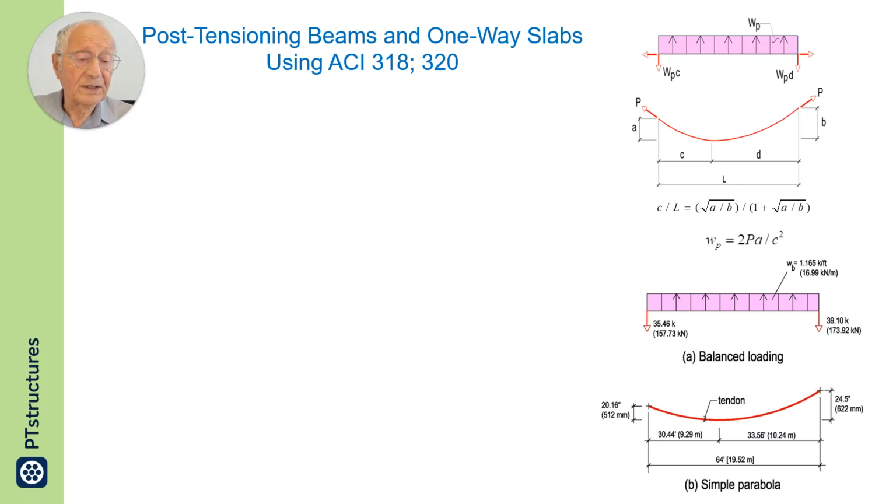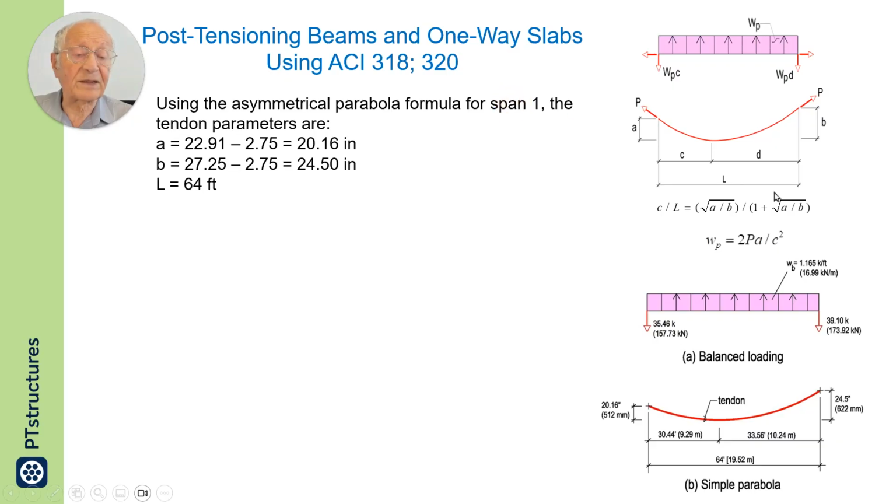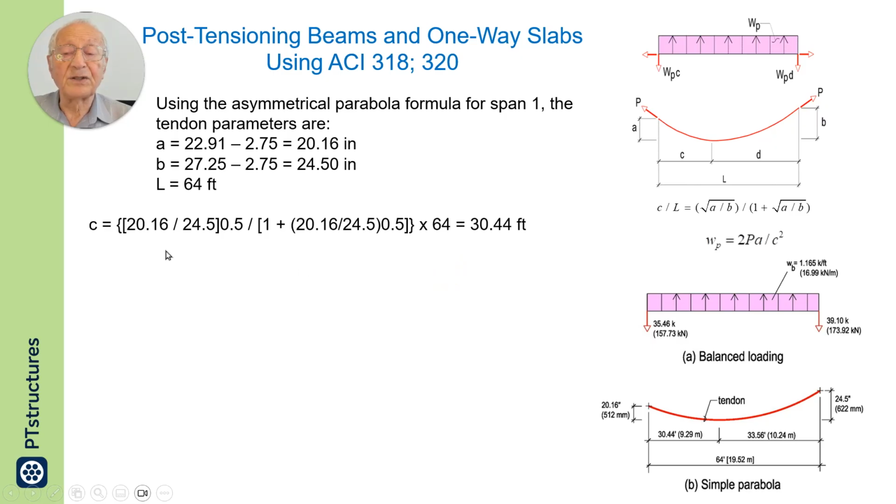For the example that I have shown, the values at the bottom right, I have the values A, B, and L. I can use the formula here to give me the position of the low point, and having the position of the low point, I use this relationship, which is here, to give me the uplift from the post-tensioning.